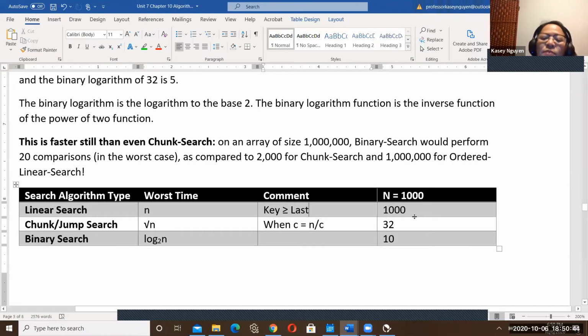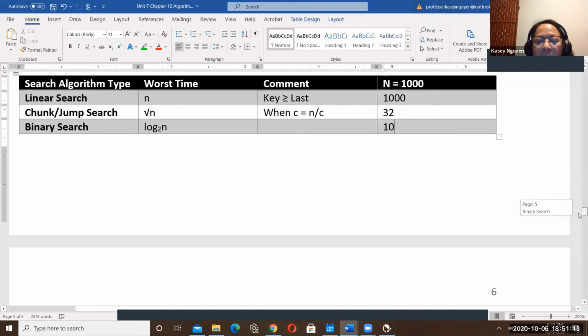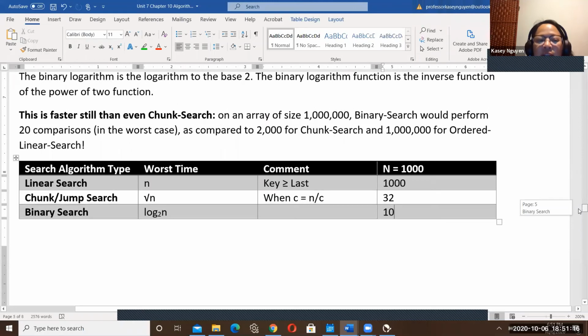For n as 1,000, the worst case is 1,000. With the chunk or jump search, we can chunk it down and have roughly 32. With binary search, that's log 2 of n, which is 10. As you can see, it's much more efficient compared to the other search algorithms.